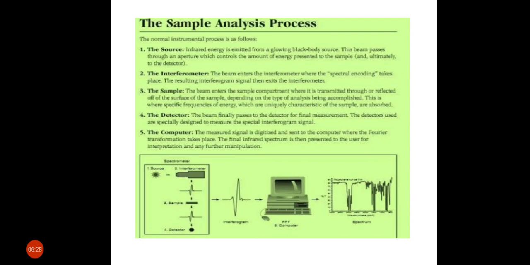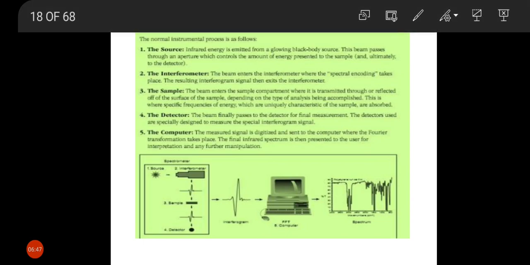The detector detects the transmitted light, and based on this detected light, a spectrum is generated, that is, a graph is generated, which we call the spectrum. The generated spectrum is like this.